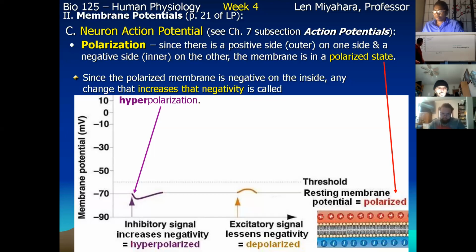If we get closer to threshold, that is less negative on the inside. Minus 70 is polarized. Well, now it's less negative than minus 70. That is depolarization.